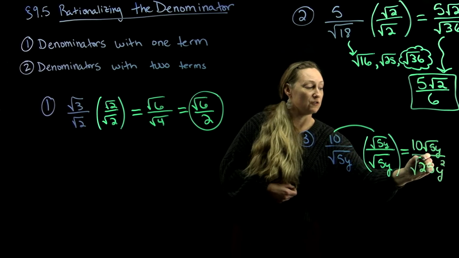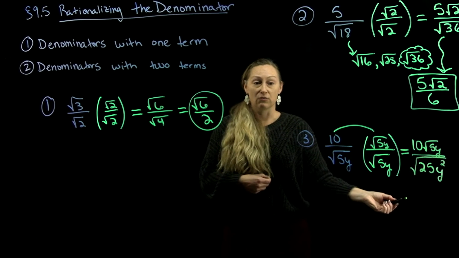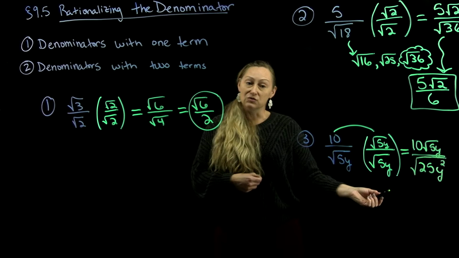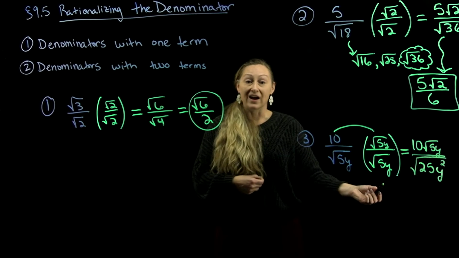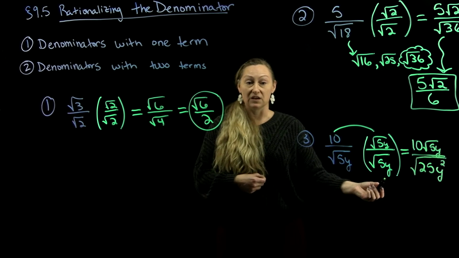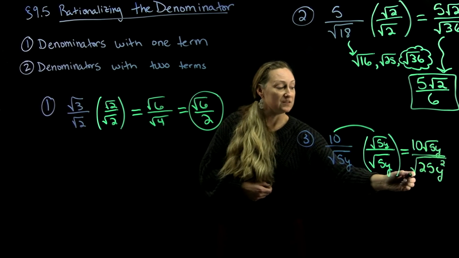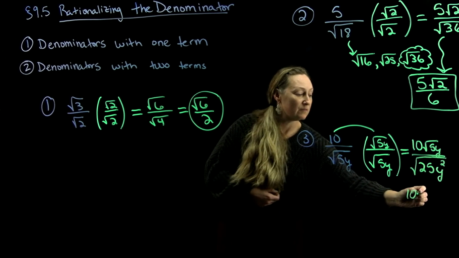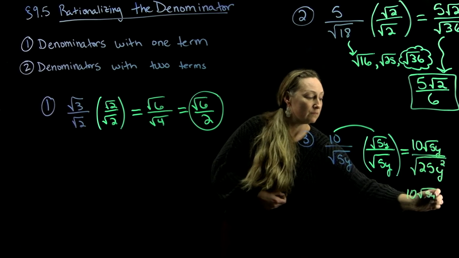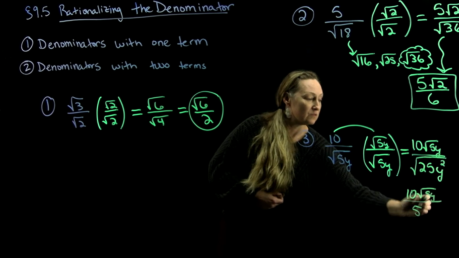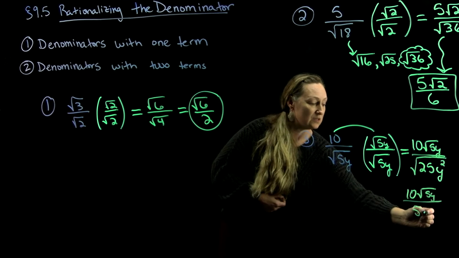Remember, those were under the radical, so they stay under the radical. Again, the good news is, in the denominator, I now have a square root that works out perfectly. So let's go ahead and simplify that. The square root of 25 is equal to 5 and the square root of y squared is equal to y.